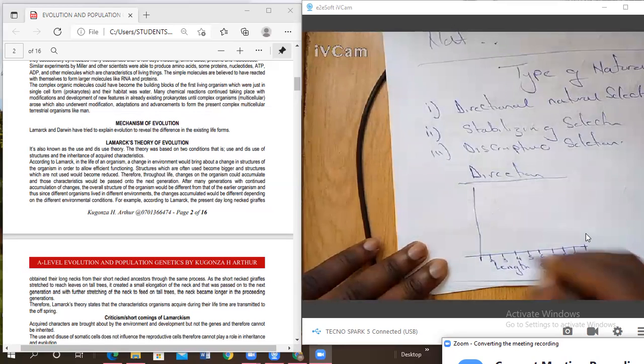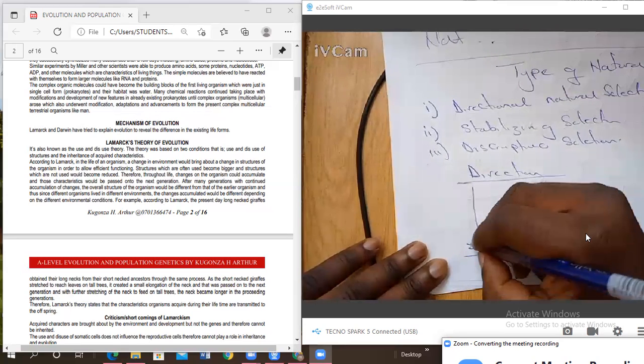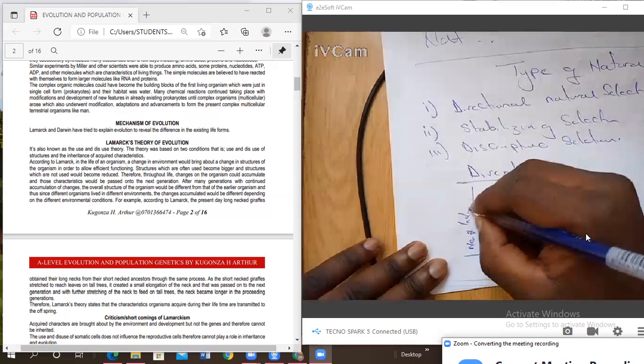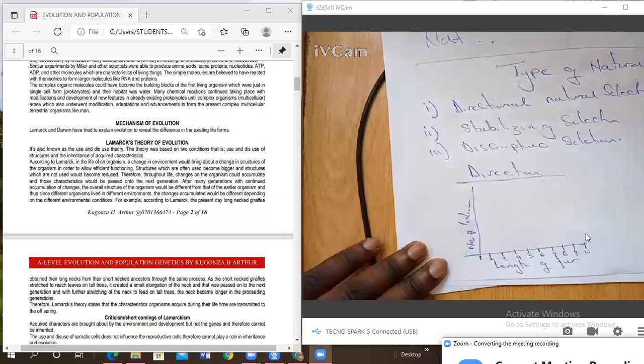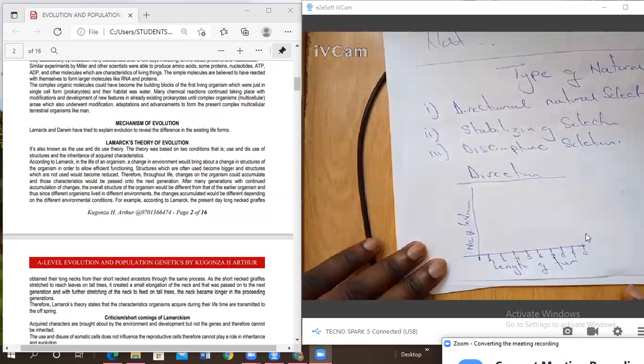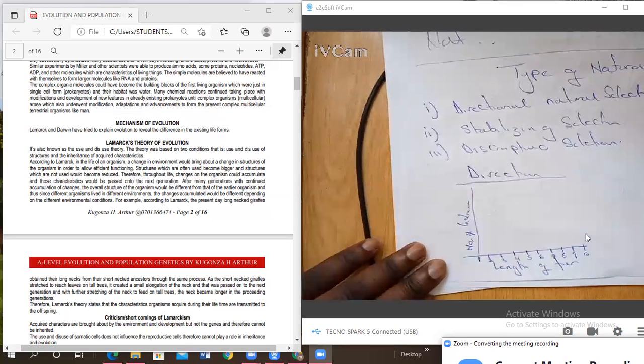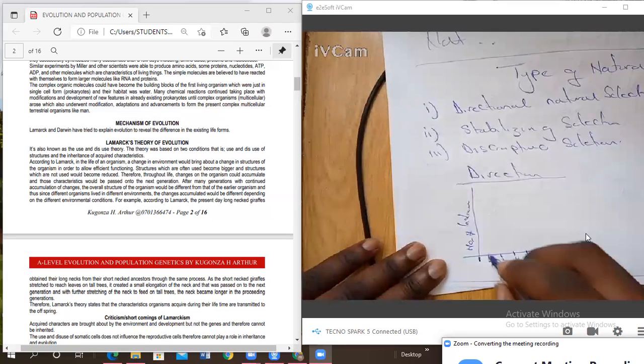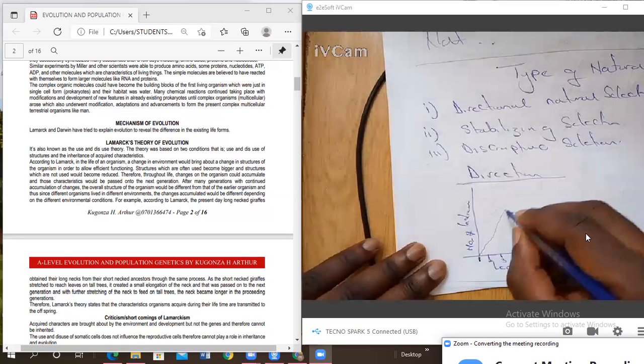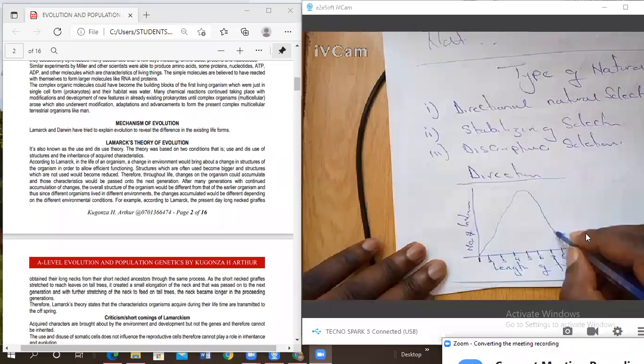Then here is the number of individuals with that character. Are you seeing that graph well? Length of fur and the number of individuals. Now I plot this graph like that.